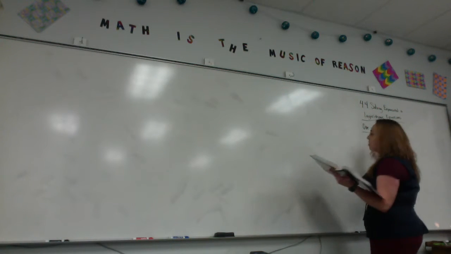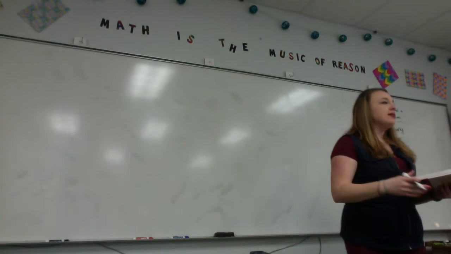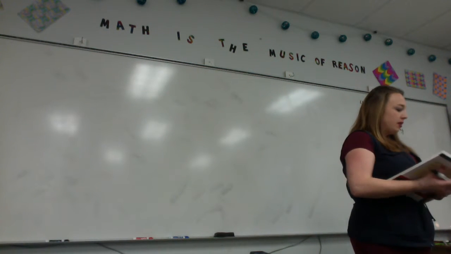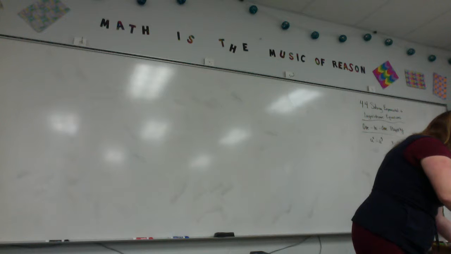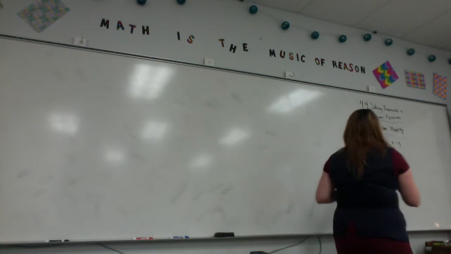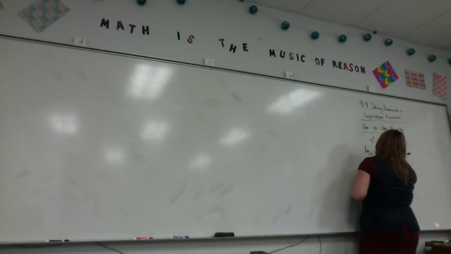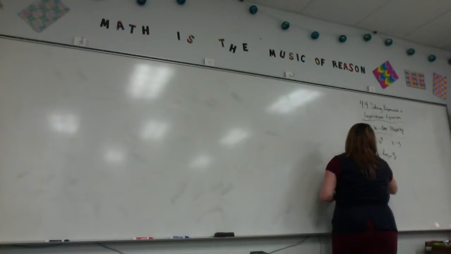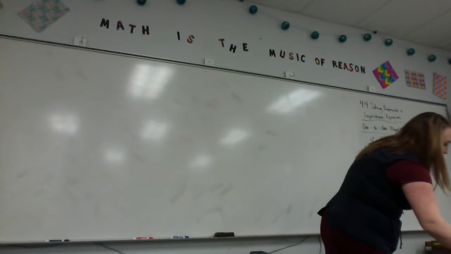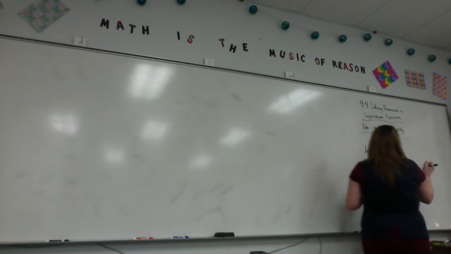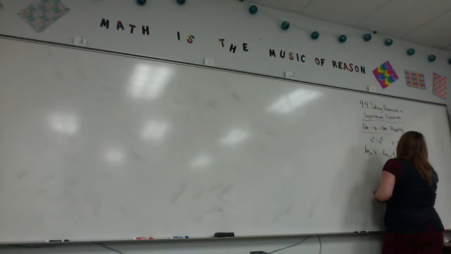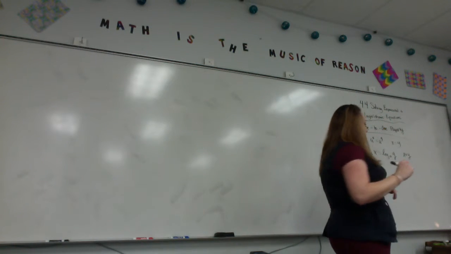If the bases are the same and they're set equal to each other, that means that the powers equal each other. You also have, if you have log base a of x equals log base a of y, these bases are still the same. So if the bases are the same, then that means x equals y again. That's the one-to-one property.